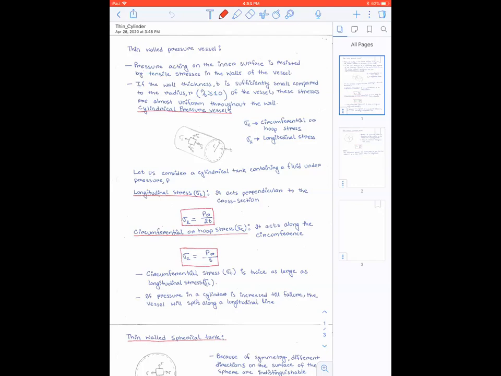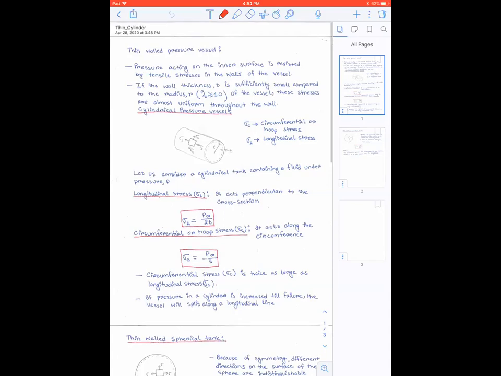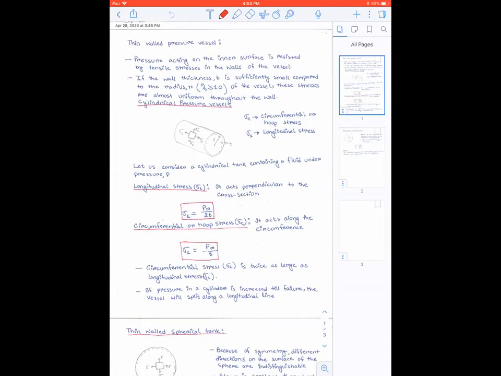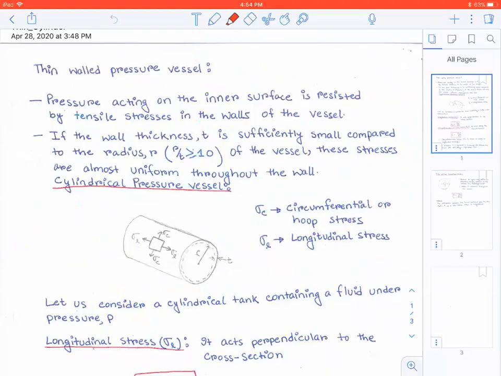Now, thin cylinder, thin-walled pressure vessel. So what do I mean by thin-walled pressure vessel? The wall thickness is sufficiently small compared to the radius of the vessel. It's a cylindrical vessel or spherical vessel, whatever you have.